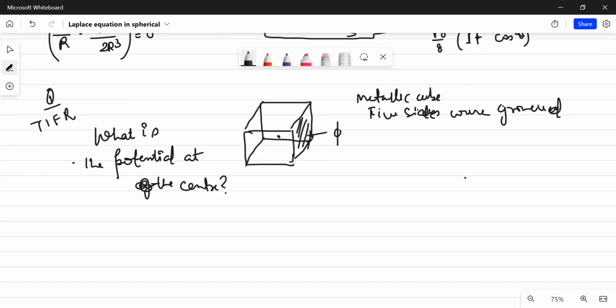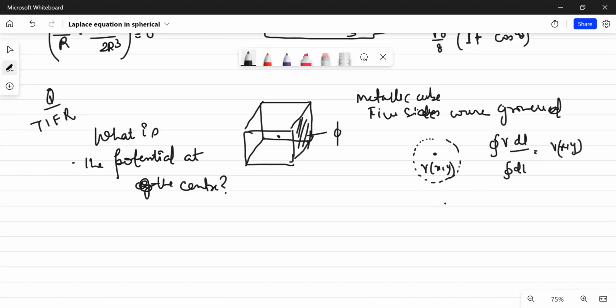You know that I have already taught you the mean value theorem. If I have to find the potential at point x comma y, all I need to do is go in the neighborhood. If it is a continuous case, then I would simply integrate v dl divided by integral dl. This will give me the average of the potential all over, and this average potential is equal to the potential at the center.